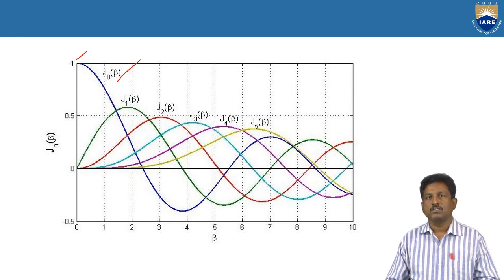Whereas in wideband frequency modulation, beta is greater than 1, and the sidebands increase to infinity. Based on the first kind of Bessel functions, we can truncate to a finite value, and you can also use Carson's rule for truncating the bandwidth.